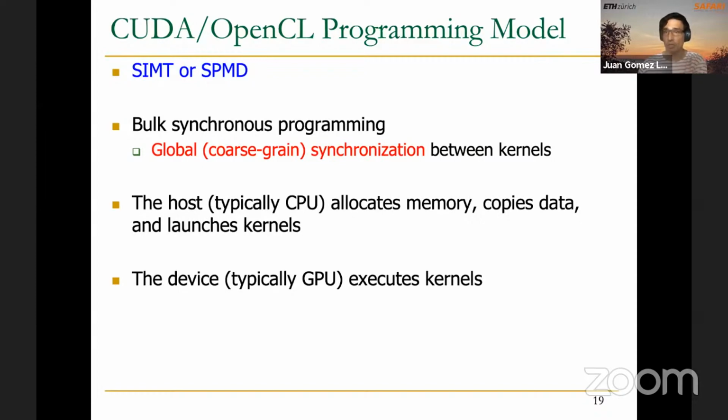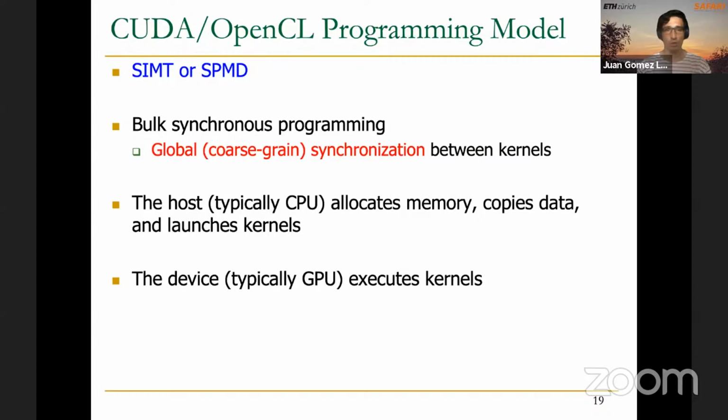In the case of OpenCL, even though it's very similar to CUDA, even in the syntax, and this software hierarchy, it's different in the sense that it is cross-platform. And what this means is that there are OpenCL distributions for different devices, not only GPUs. We also find FPGAs that can be programmed using OpenCL.